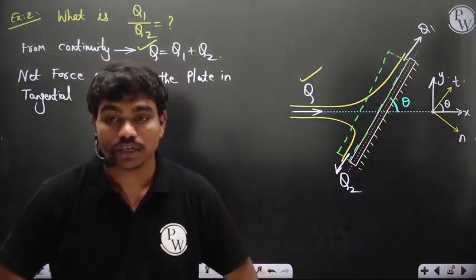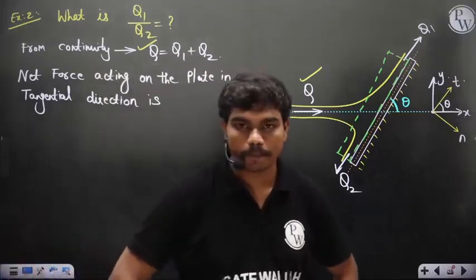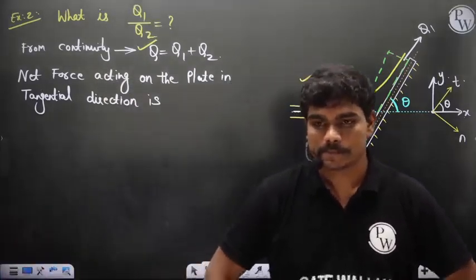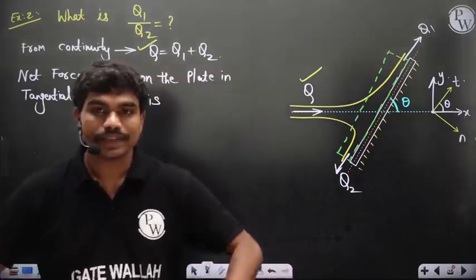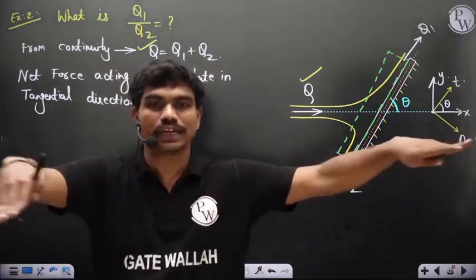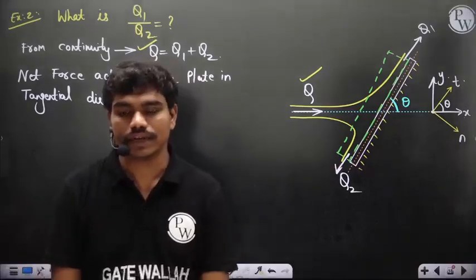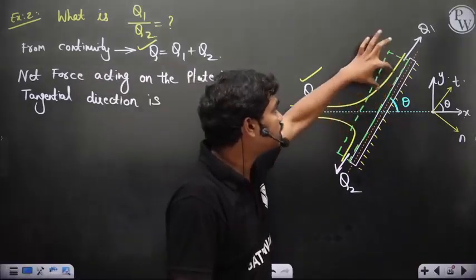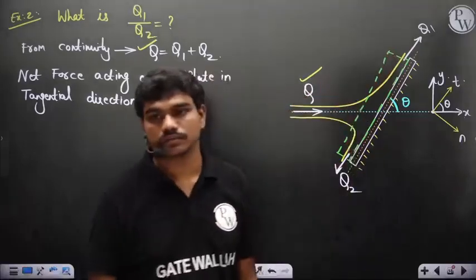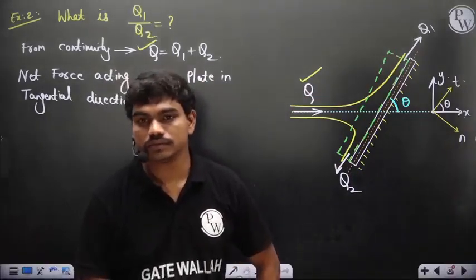Please tell me, what is the force exerted in the tangential direction? In the tangential direction, the fluid is just smoothly gliding. It's not interacting. Once the fluid enters this tangential direction, there is no change in momentum. What is the change?